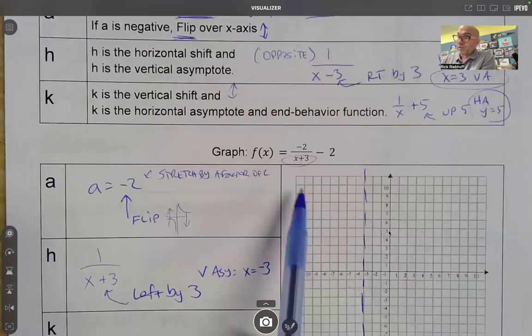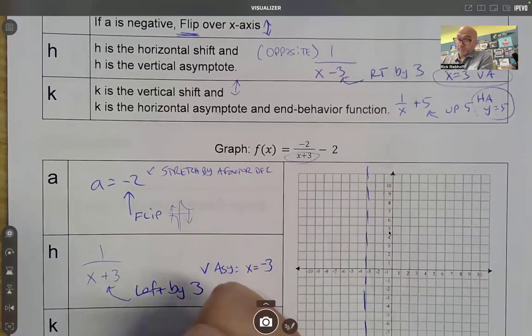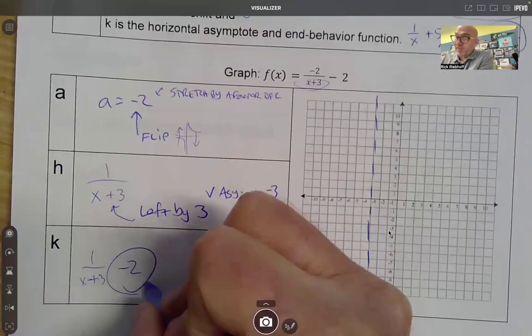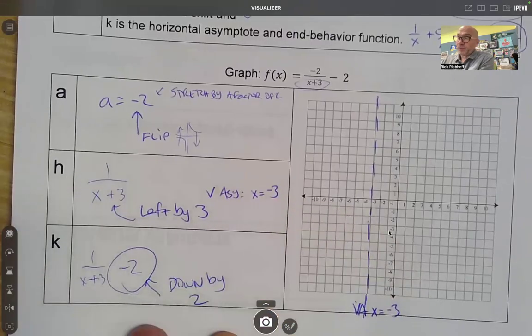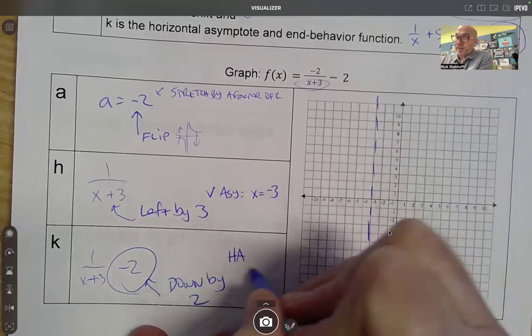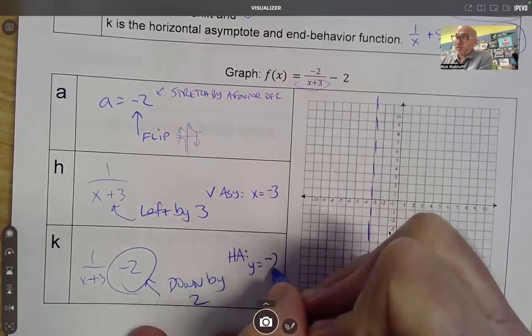All right, my horizontal asymptote is going to be -2. Okay, so this means we're moving everything down by 2, which means my horizontal asymptote is going to be y equals -2.